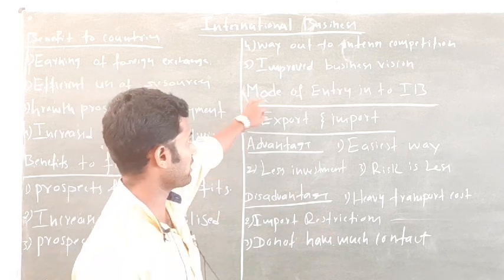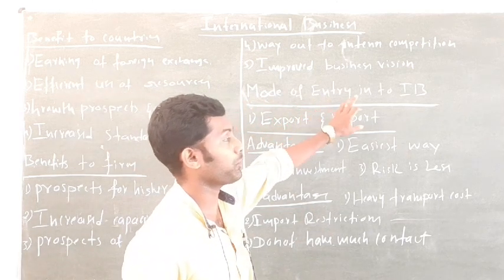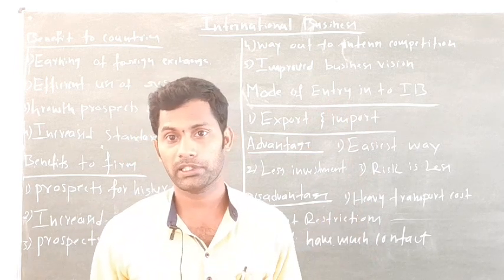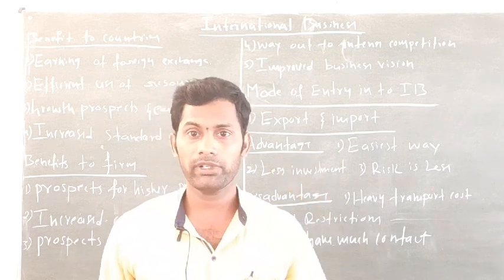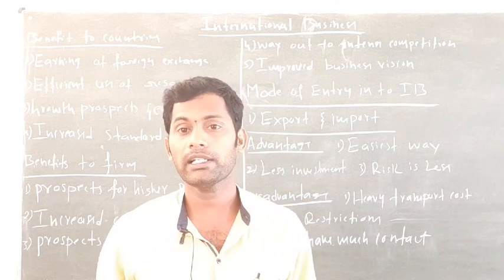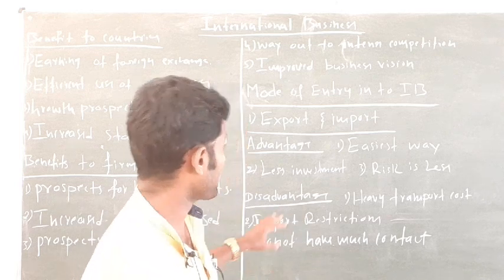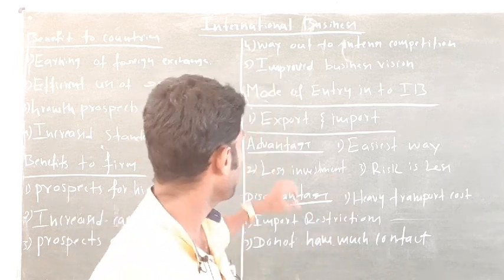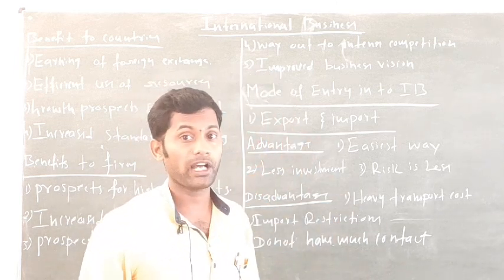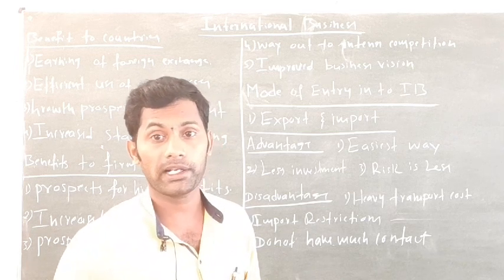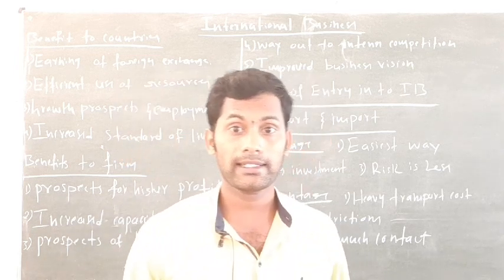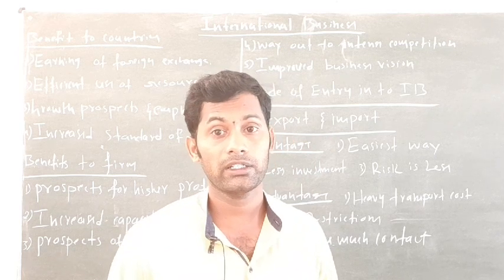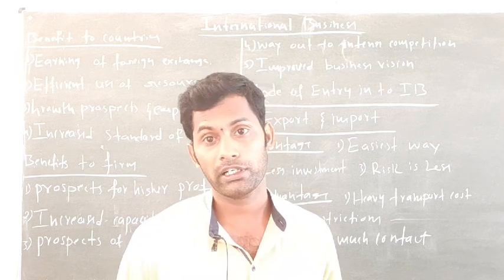Then we have one more concept, mode of entry into international business. It means how to enter international business. We have various paths to enter. The first way is export and import. Then we have contract manufacturing, licensing and franchising, joint venture, and fully owned or partially owned subsidiary.